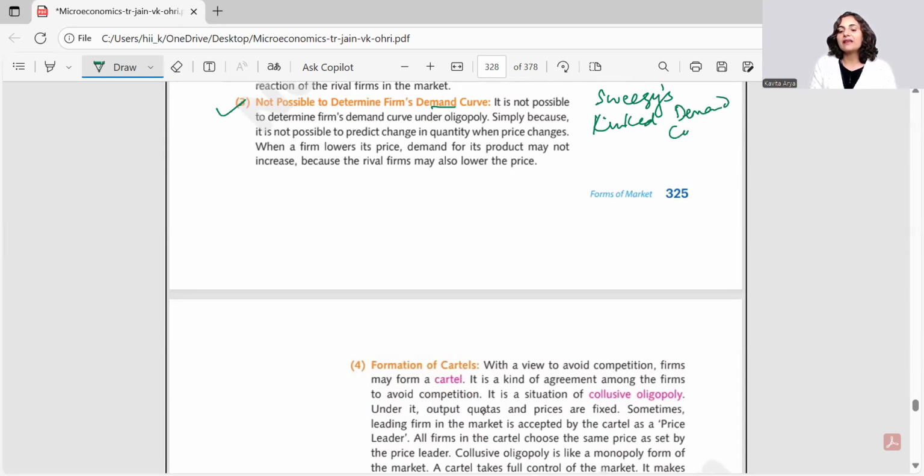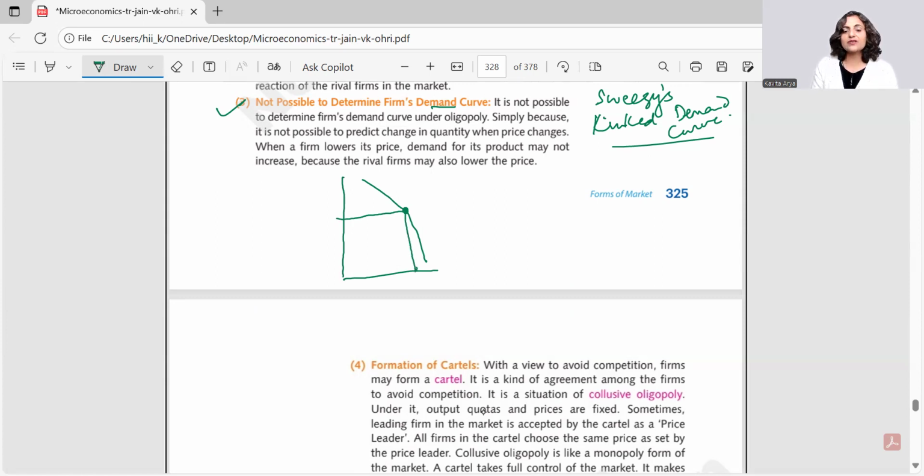What does this say? Actually, the demand curve in this market form is indeterminate. Why is it indeterminate? Because it looks like this. And what does this mean? It means it is a kinked demand curve with a kink at this price.